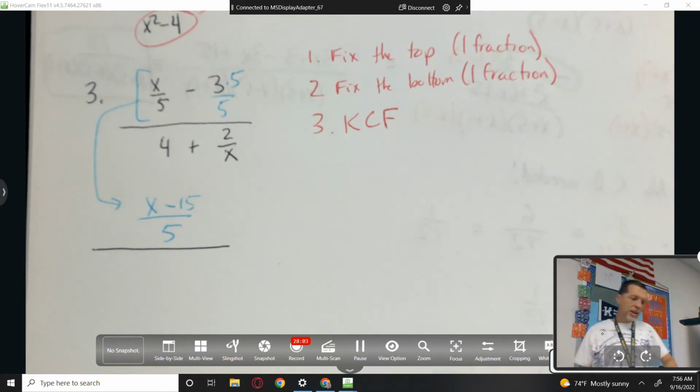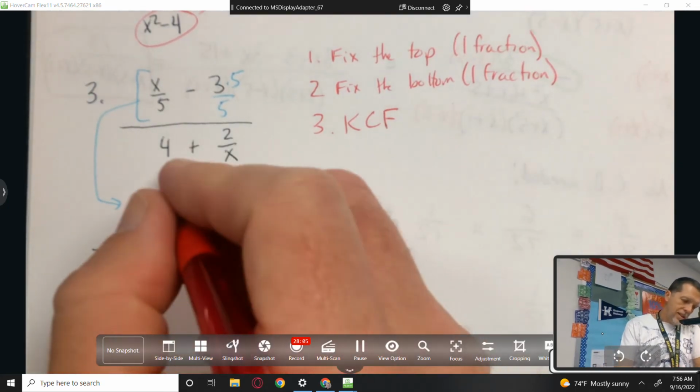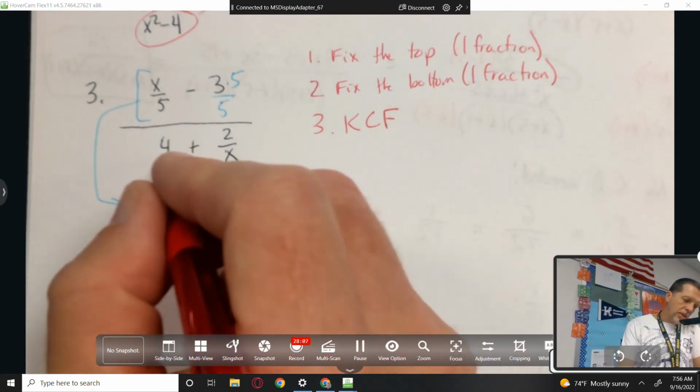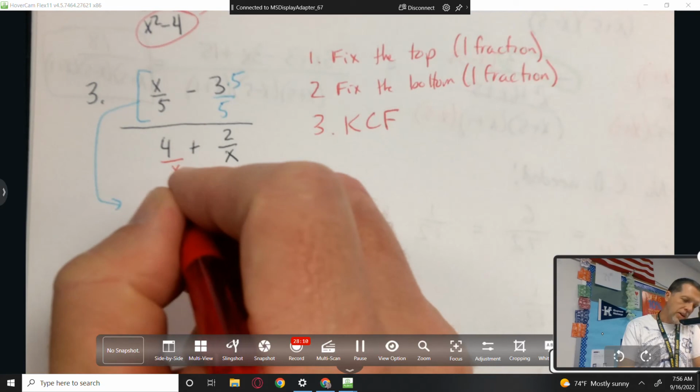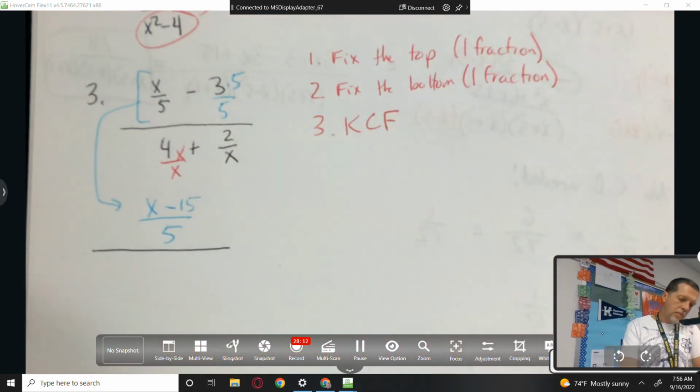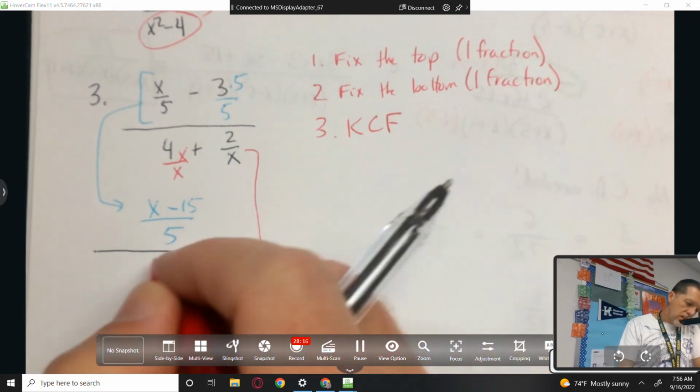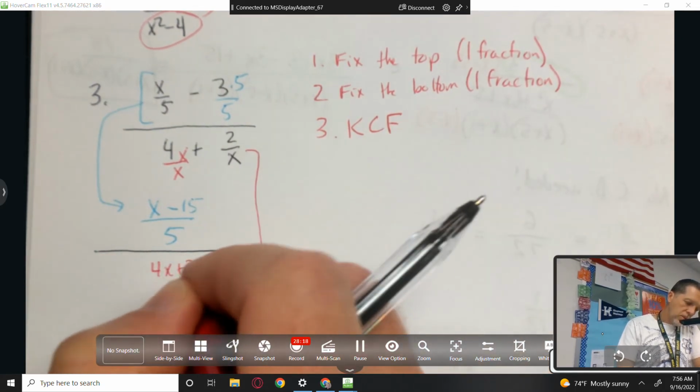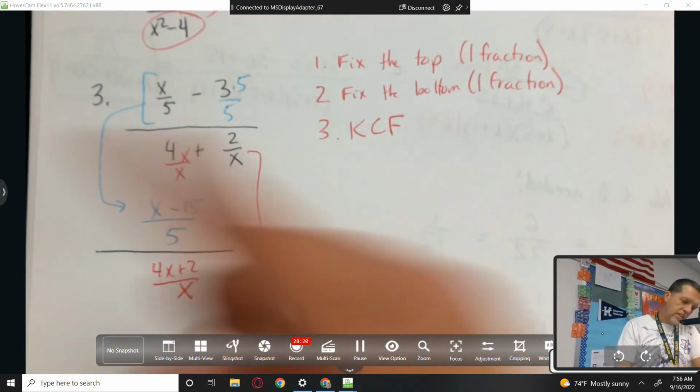For my denominator, my first fraction needs an x in the bottom, which means it needs an x in the top. So 4x plus 2 over x.